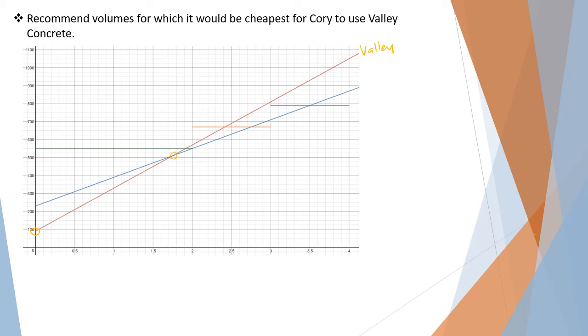So it's cheapest for all jobs from 0 meters cubed to roughly 1.7 meters cubed. Reading off that graph is your achieved skill.